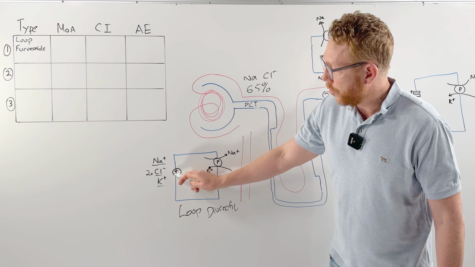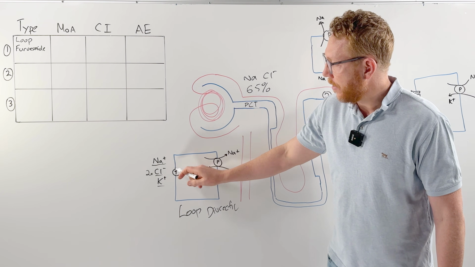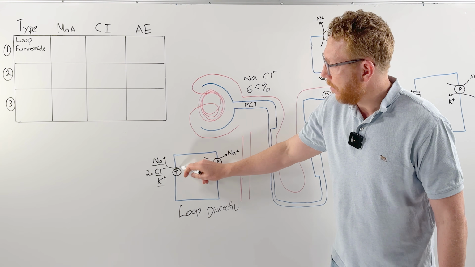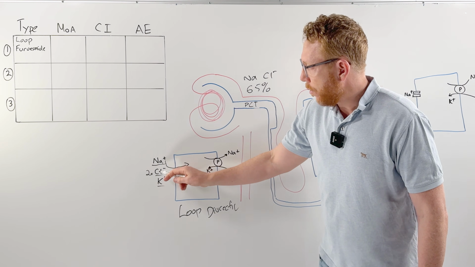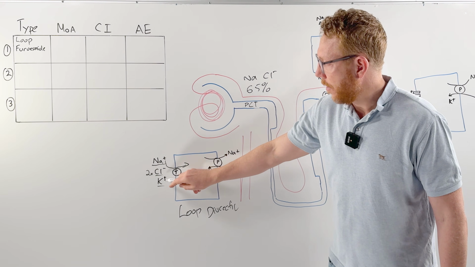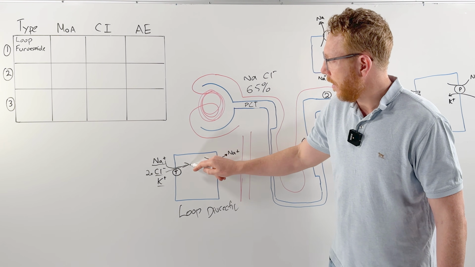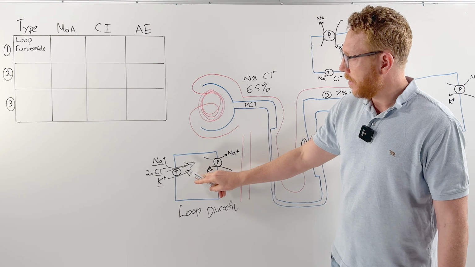There's actually a transporter here, which we call a co-transporter, that is driven by the gradient of sodium. Sodium drives the transporter, but it also sucks across with it 2 chlorides and 1 potassium. So all of these solutes come across this co-transporter into the cell.